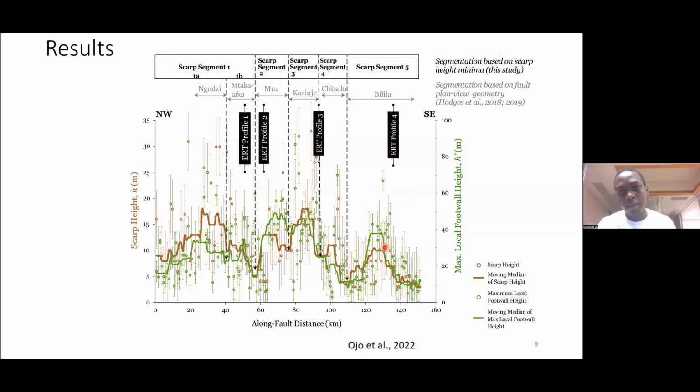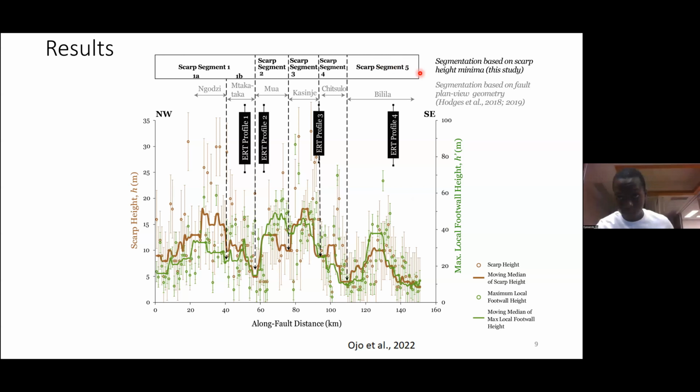And based on that, we were able to identify how segmented the fault is. So our categorization of segmentation is based on the points between two minima. Where we have minimum amount of throw, that's where we believe the tips of each segment to be. And based on that, we categorized it into scarp segment 1 to scarp segment 5.